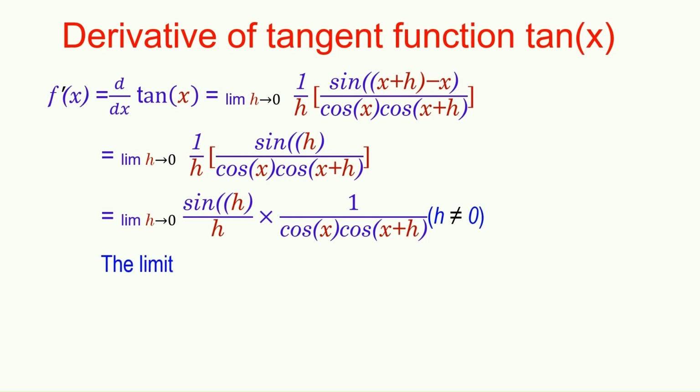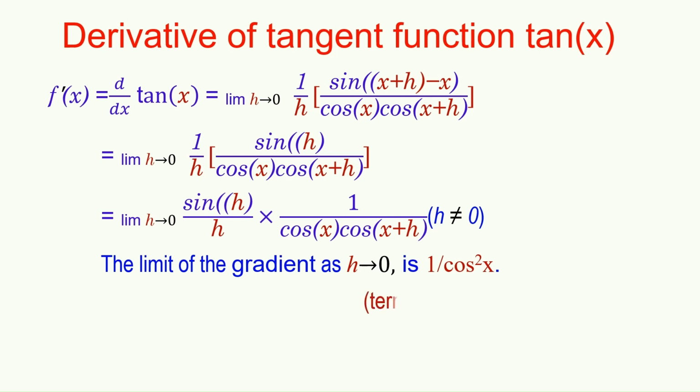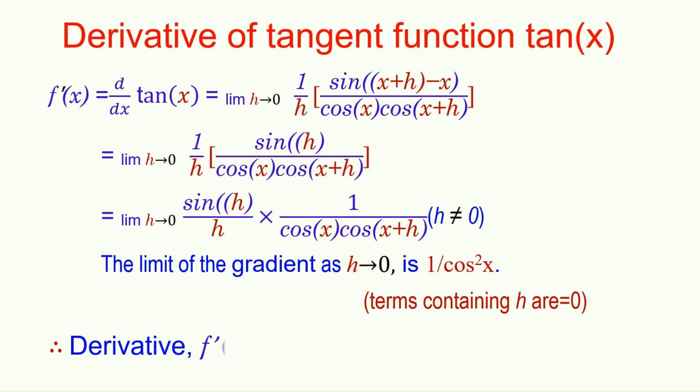Note h is not equal to 0. The limit of the gradient as h tends to 0 is 1 / cos squared x. Note the terms containing h are equal to 0. Therefore the derivative f'(x) = d/dx tan x = 1 / cos squared x = sec squared x.